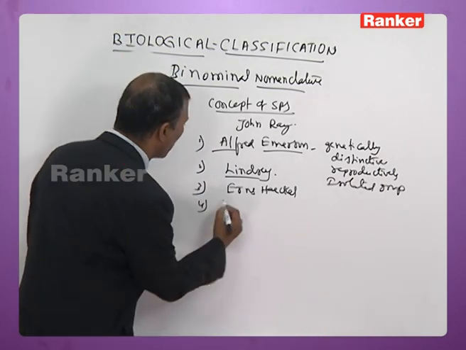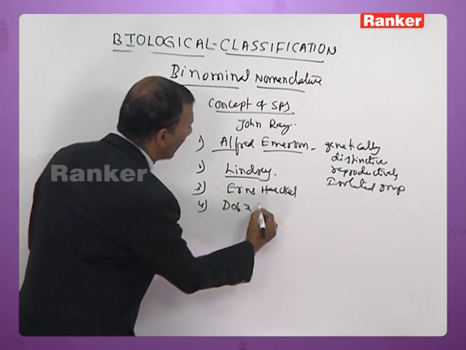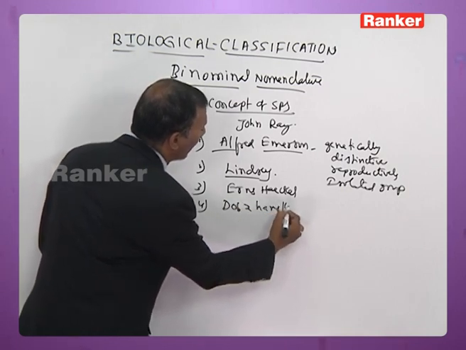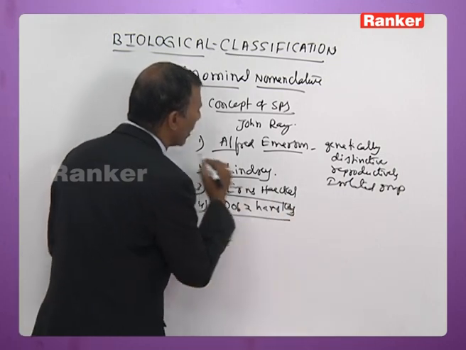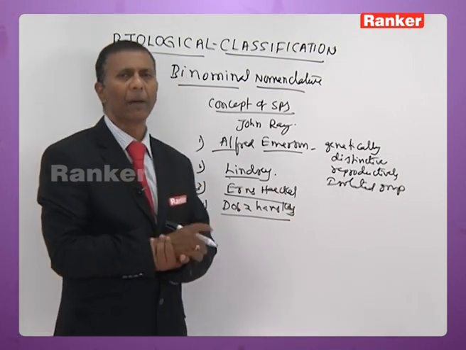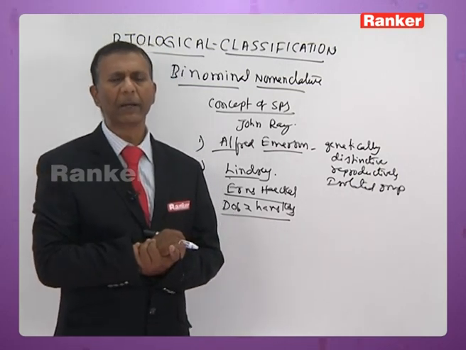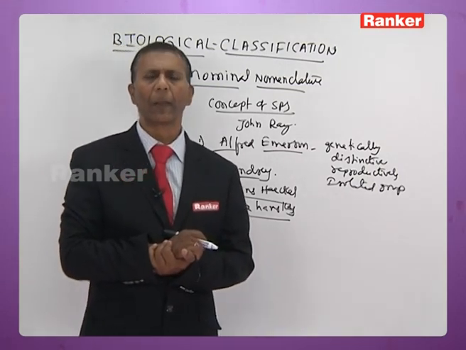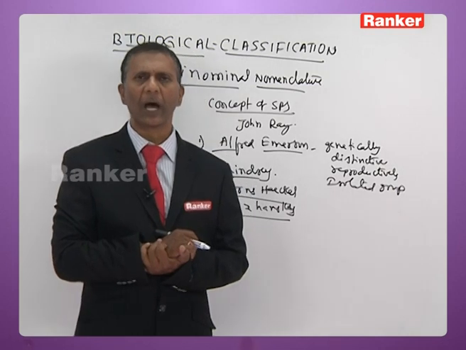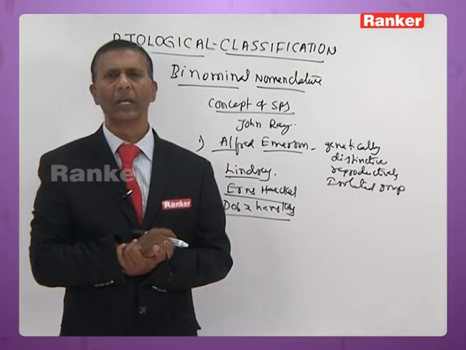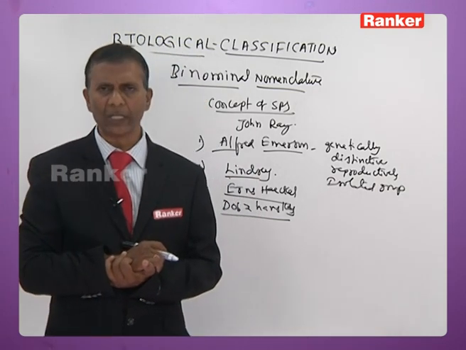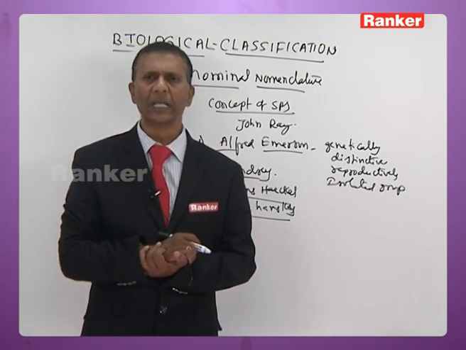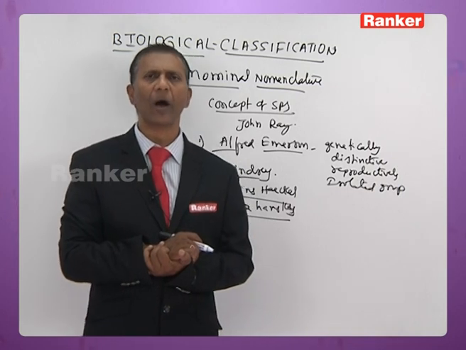Then according to Dobzhansky, species is considered as a Mendelian group. What is a Mendelian group? All the organisms that belong to a particular species have a common ancestry, exhibit more or less similar morphological characteristics, share a common gene pool and reproduce easily to produce fertile offspring.